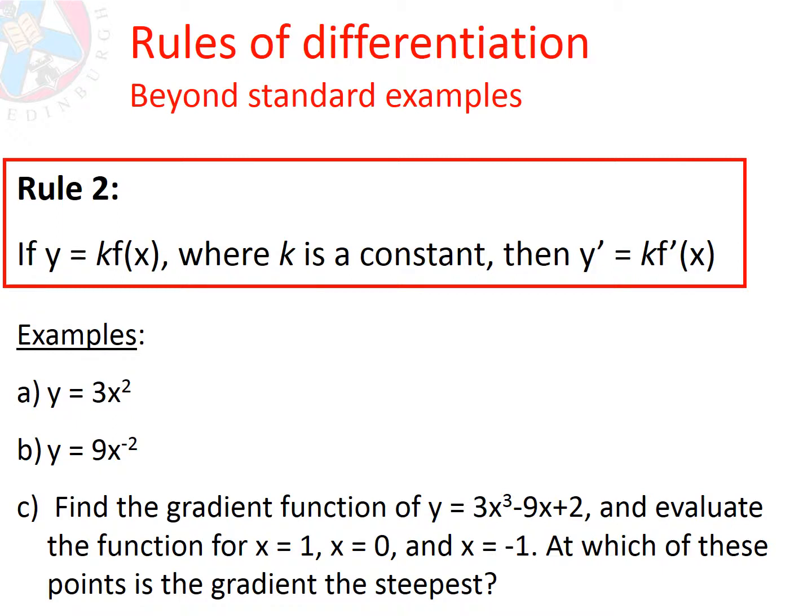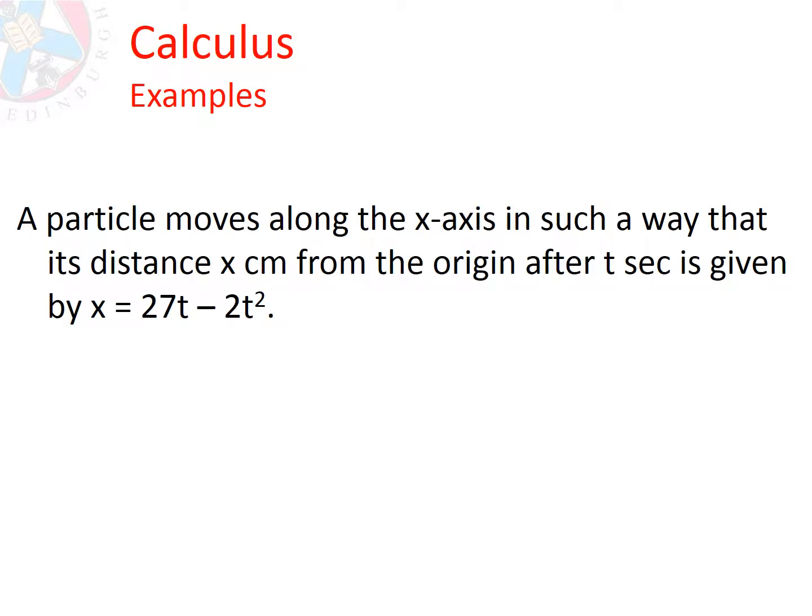And we will get rid of that. But I just want to go through this example. A particle moves in such a way that we've got an equation that describes the position of something, its horizontal position or whatever, with respect to time.